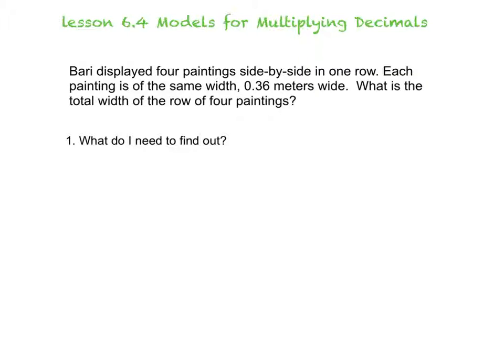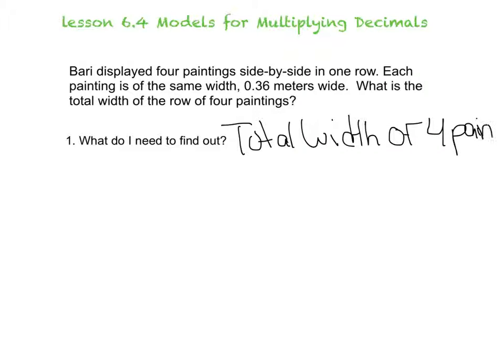So I'm going to write that down right next to my question. So I'm going to write total width of 4. I'm going to abbreviate because I don't have enough room. So what do I need to find out in this problem? I need to find out the total width of all 4 paintings.